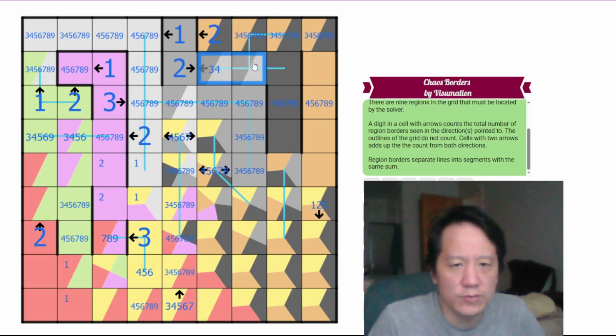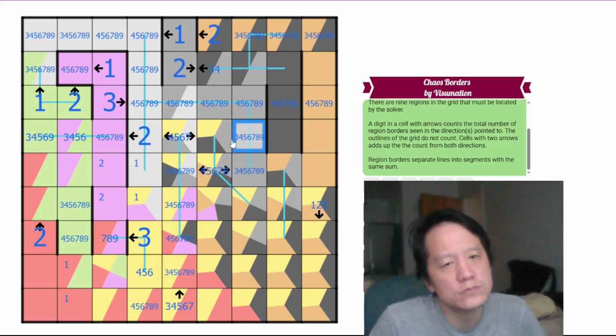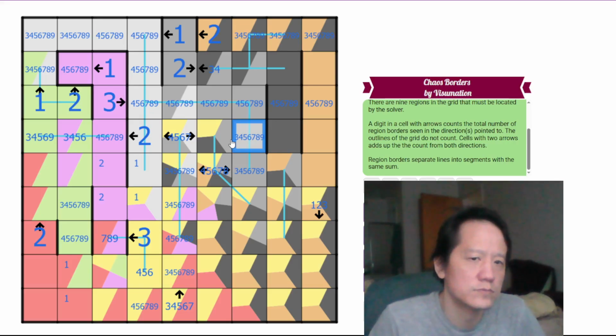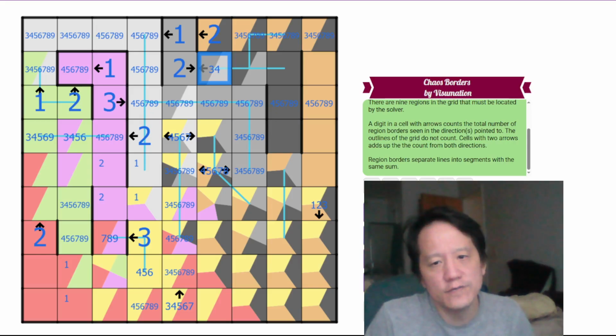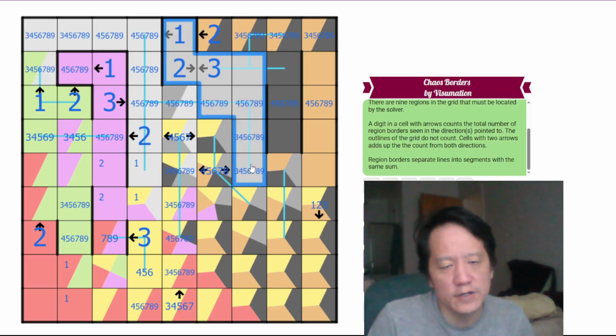If these are both gray, this could be single. I have 1 here. So if this is 3, these are both not dark, they're medium. This would not be 3, so this would have to be green.